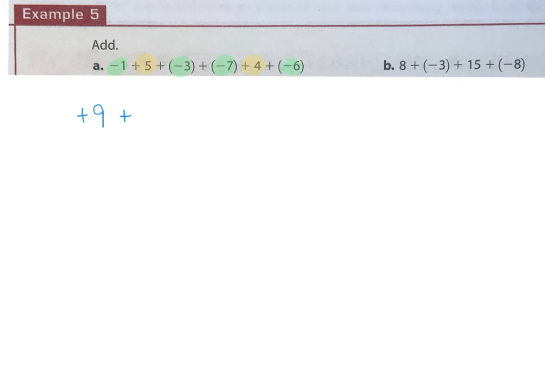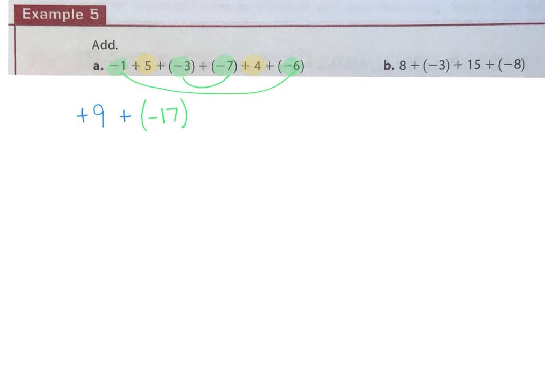Now I'm actually going to add this even a little differently. I'm going to say, well, negative 3 and negative 7 give me 10, right? Plus 1 plus 6 gives me 17. Those were all negatives, so I could just add them, and I know that I'm going to have plus a negative 17 here. Does that make sense?